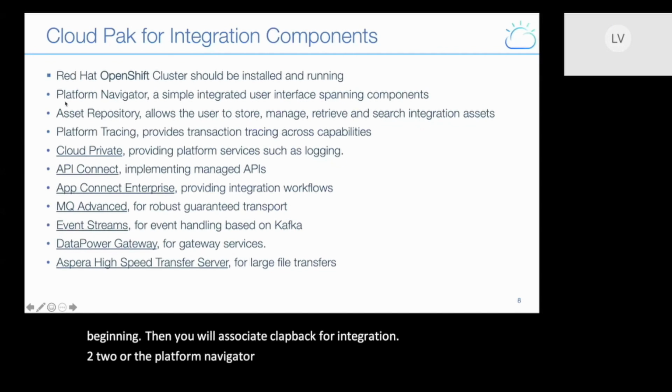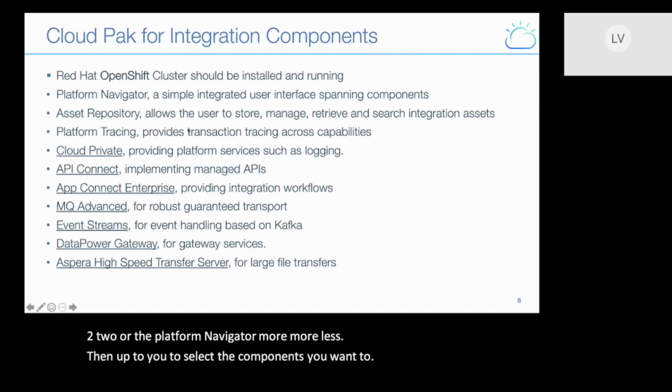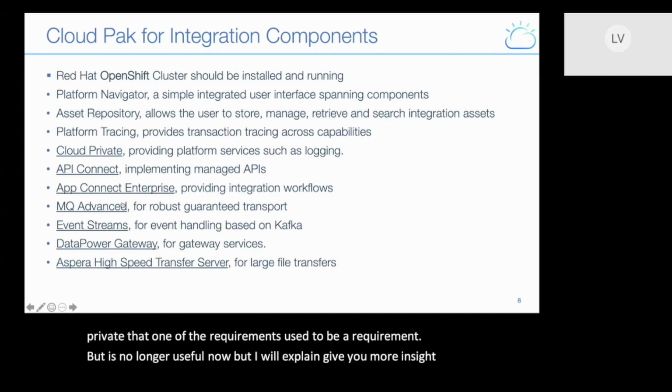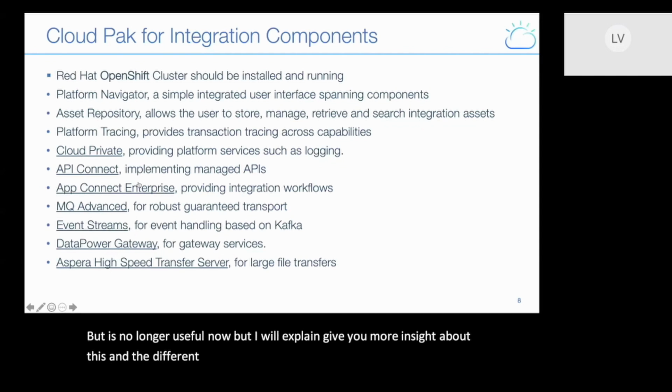Then it's up to you to select the components you want to instantiate. It could be Asset Repository, could be Tracing, could be Cloud Private. That used to be a requirement, but it's no longer useful now. But I will give you more insight about it. And the different components: App Connect, API Connect, MQ, Event Streams, DataPower, and Aspera.